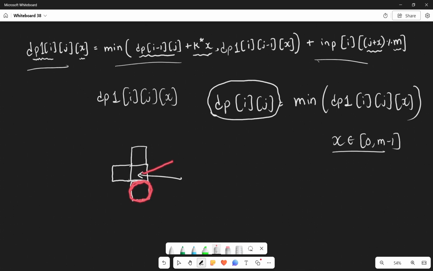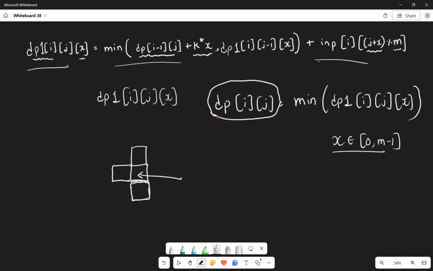The value of this cell's dp is needed for the calculation of the answer of the cell below. So that's why we have to update our dp of I comma j immediately when you calculate all of the values for dp1 of I comma j. Okay, makes sense? I think it does.